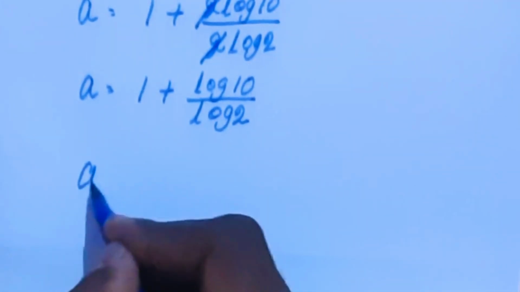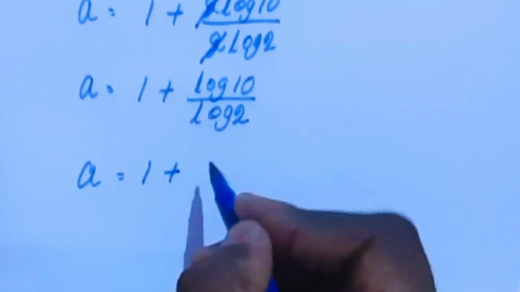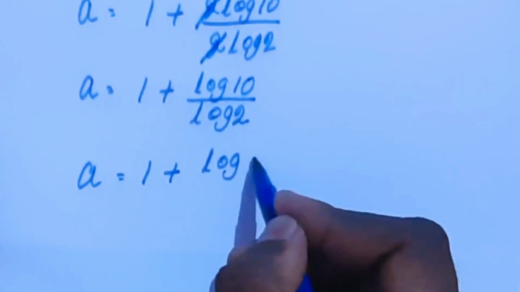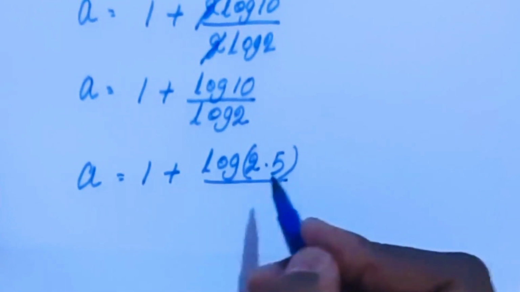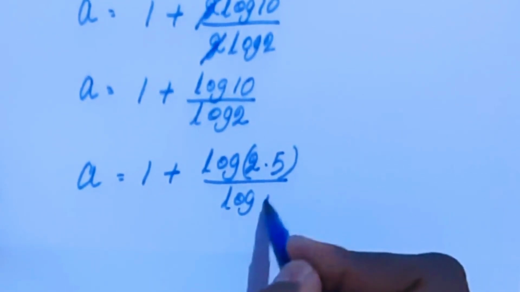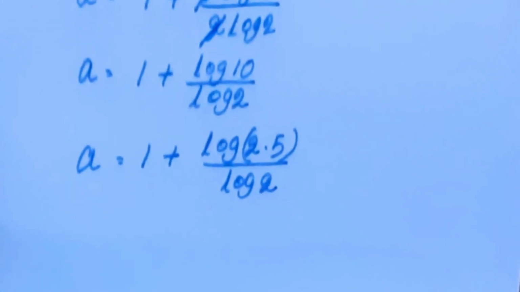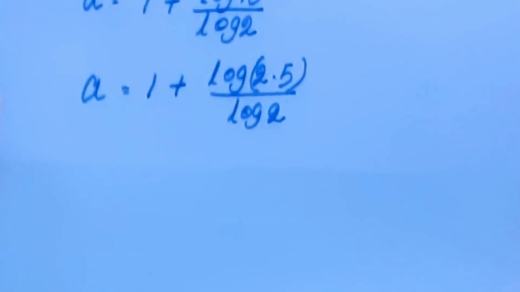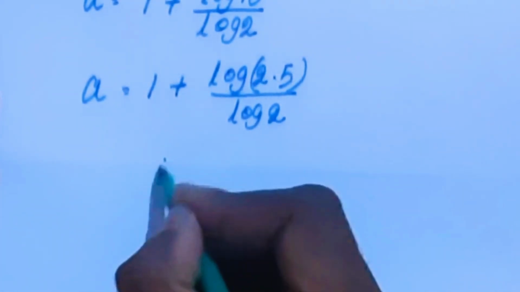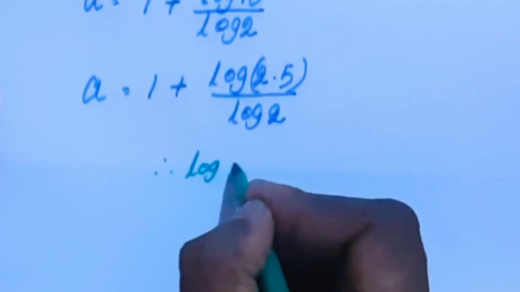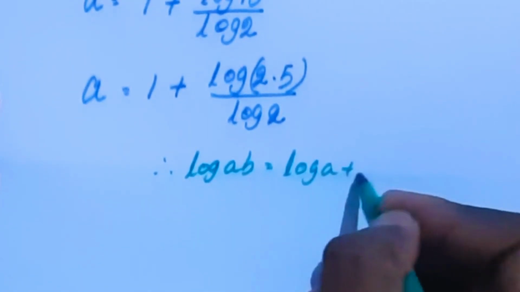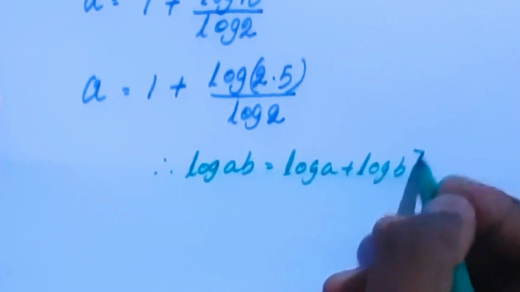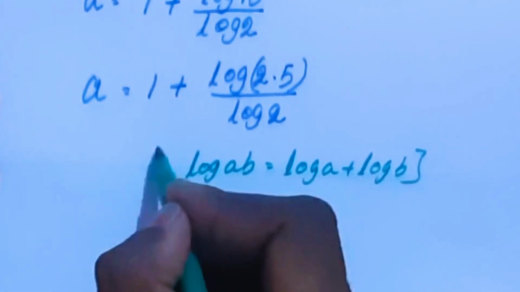Now this 10 can be written as a equal to 1 plus log 2 times 5 by log 2. Now we are going to implement log product formula here, that we already know that log ab equal to log a plus log b.